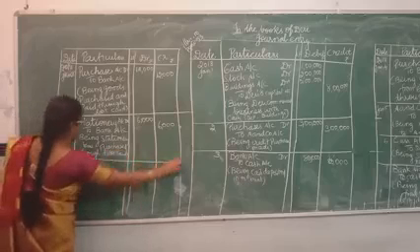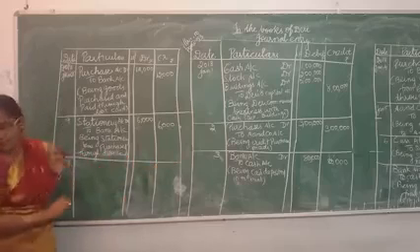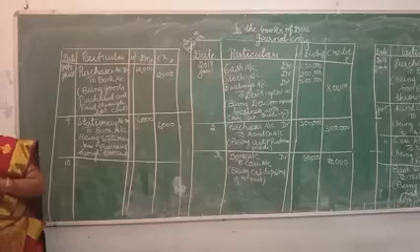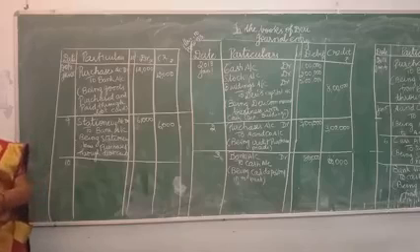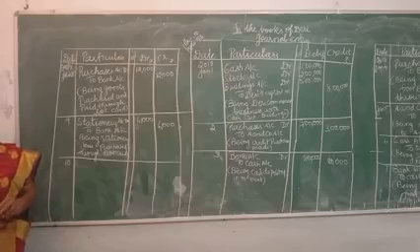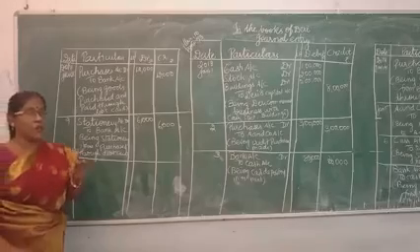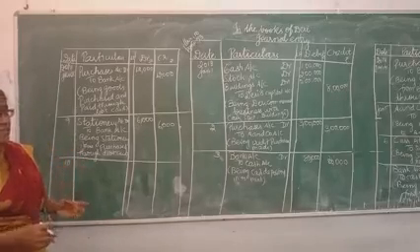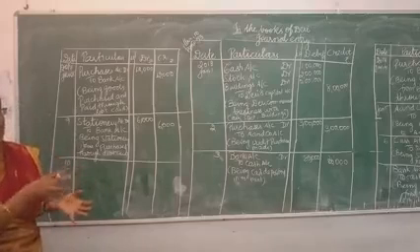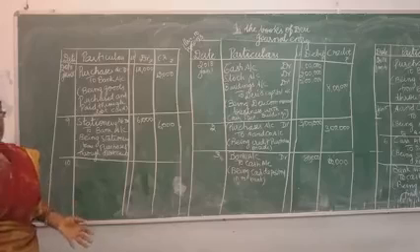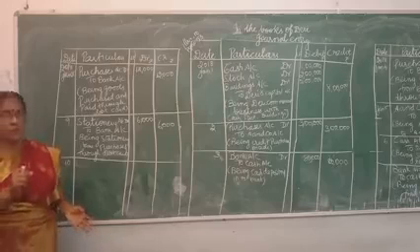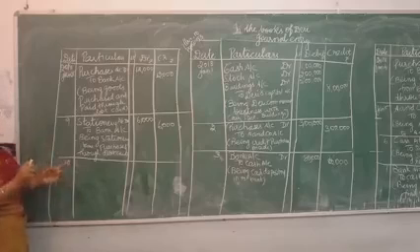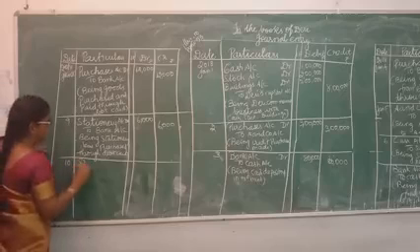Next transaction 10. See, last one lesson. Income tax paid by check, rupees 10,000. Income tax, whatever the proprietor takes from the capital for personal use, we call it drawings. So we should not debit income tax; instead of that, what do we debit? Drawings.